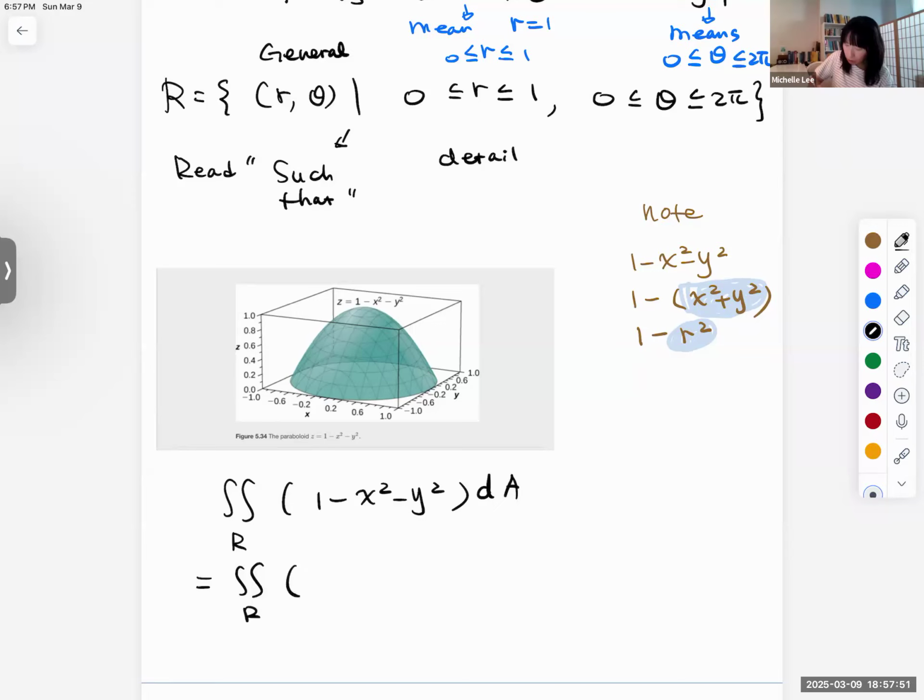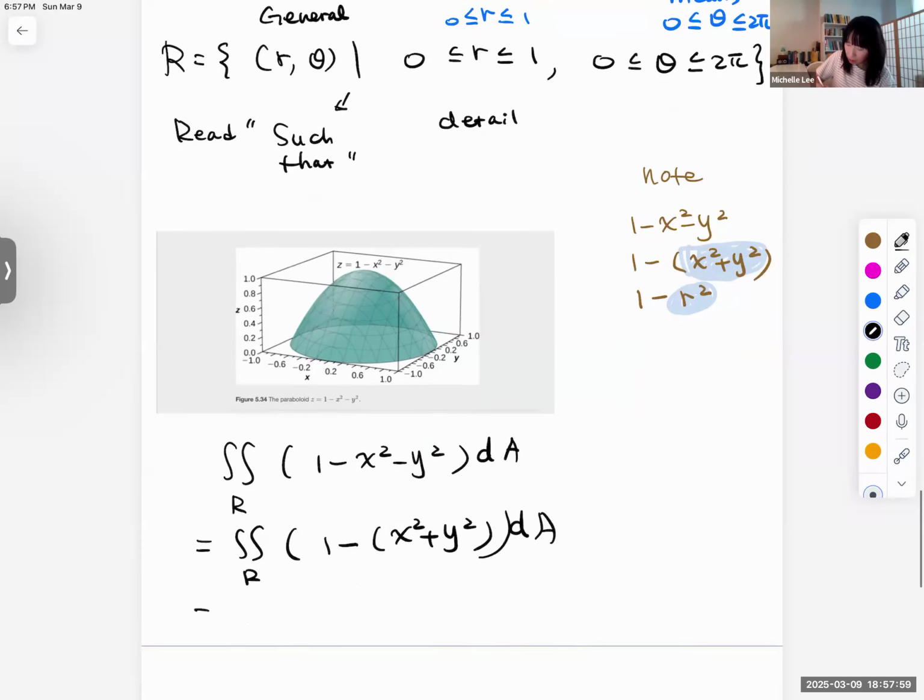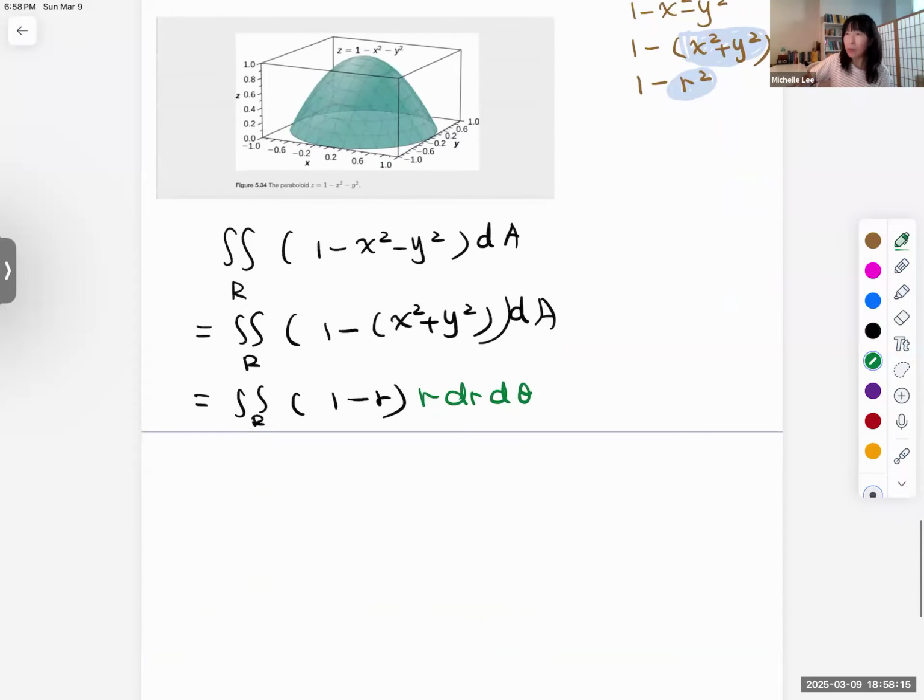And then 1 minus r squared, then we will get 1 minus r squared times r dr d theta, right? What do you want to integrate first?